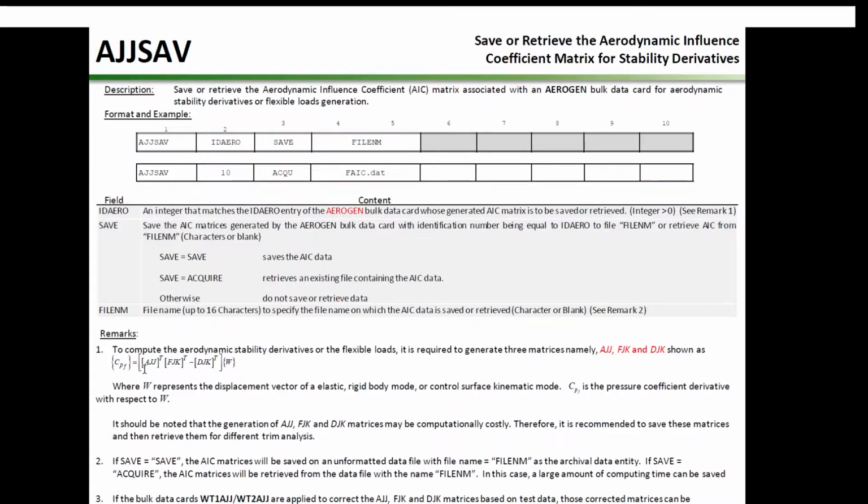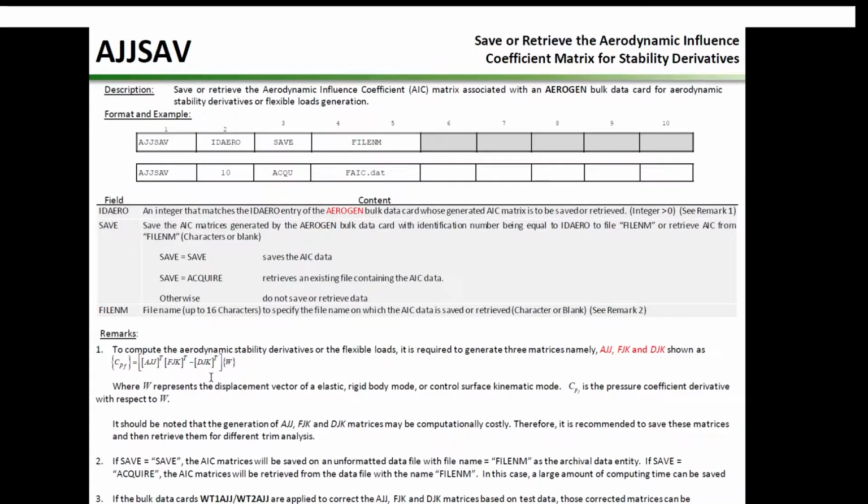So therefore, the AJJ, FJK, DJK matrices, unlike the AIC matrix generated by the MACH card, the AJJ matrix computed by the AEROGEN card depends on the flight condition, because in the AEROGEN card you have to specify a flight condition in terms of alpha, beta, and the control surface deflection, and so on. So every AEROGEN card will give you a set of AJJ, FJK, and DJK.